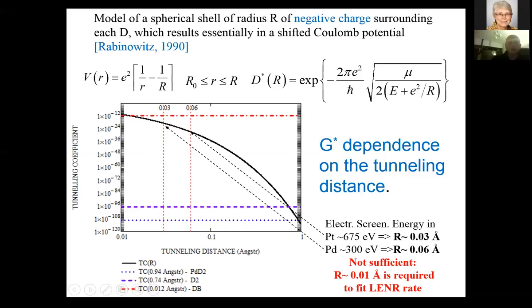But in order to achieve 10 to minus 12, which is still a very, very low quantity, but in principle could explain some of the experiments, you need a screening distance of just 1% of an angstrom, which is too small for electrons. Electrons are far, far away as compared to these distances. That's why all the traditional physicists don't believe in this mechanism.